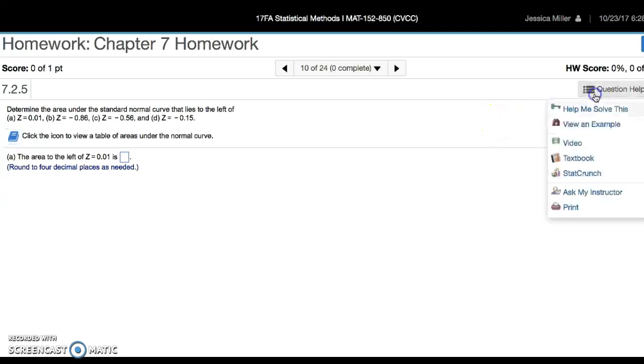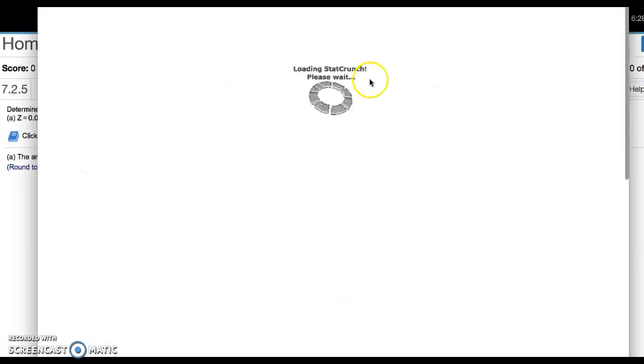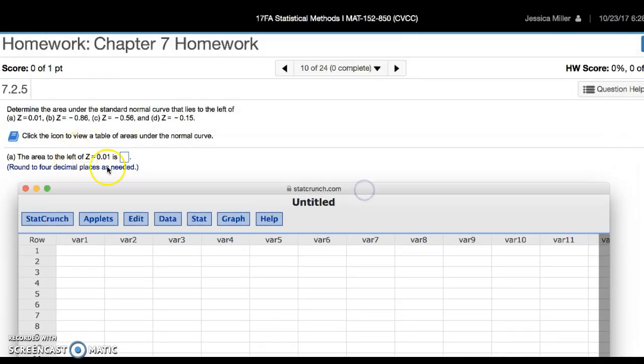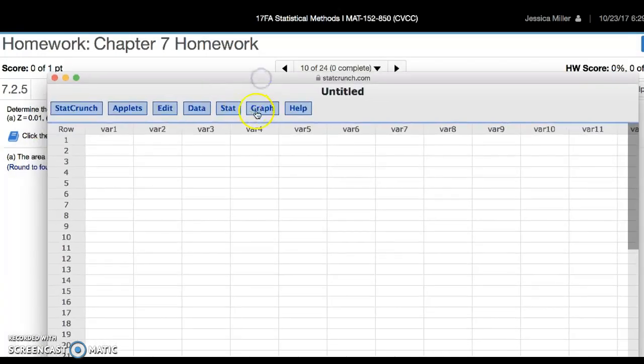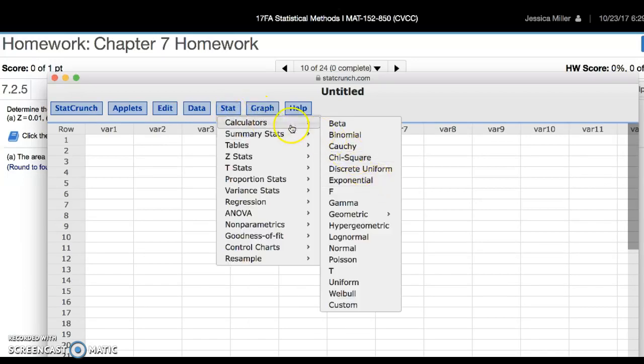So under question help, I'm just going to open up StatCrunch. And if I wanted the area for the first one to the left of a z-score of 0.01, since you're dealing with a z-score, you know that you're using your normal distribution.